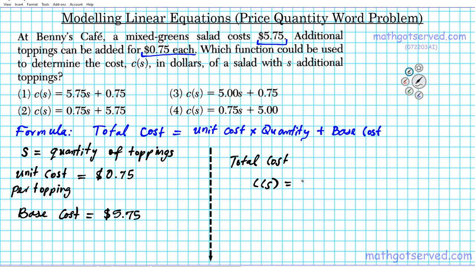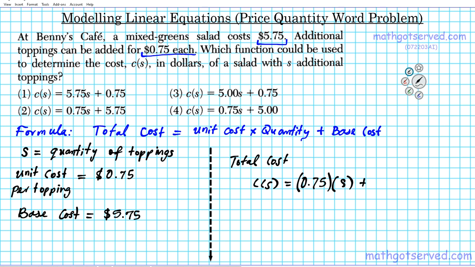So the unit cost is 0.75, right? That was the cost per topping. That one, we're going to multiply it by the quantity of toppings. So the quantity of toppings is a variable S. Alright, so this is a variable component of your total cost. Basically helps you calculate the toppings part.